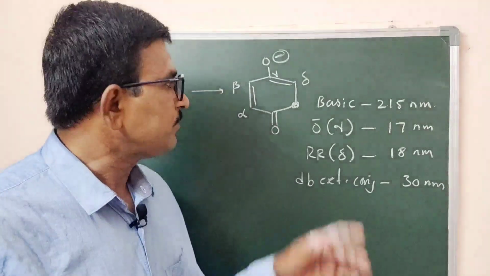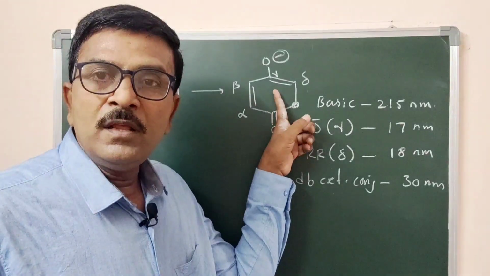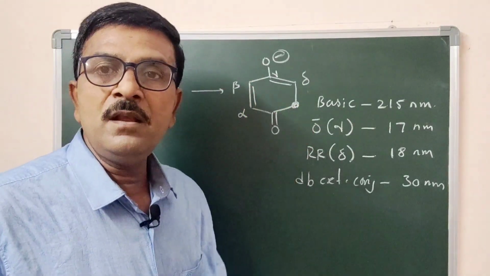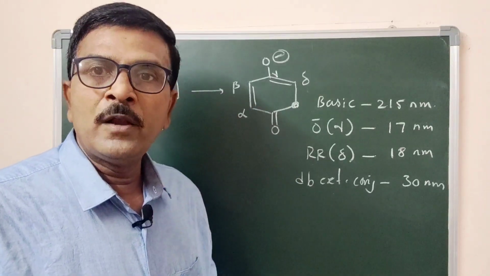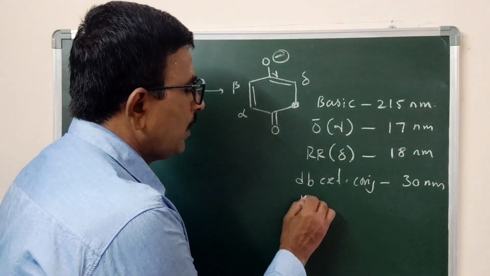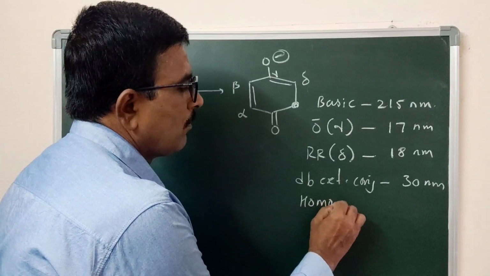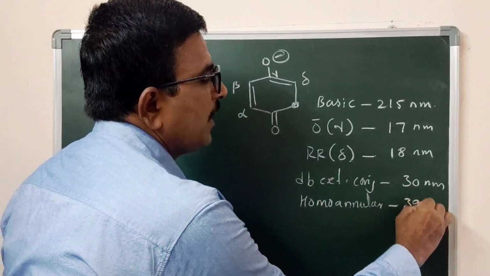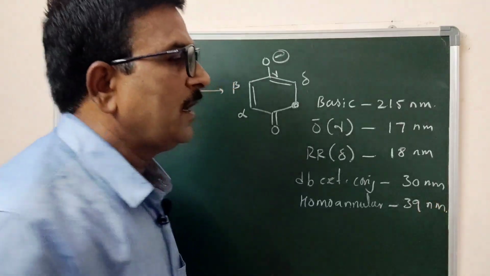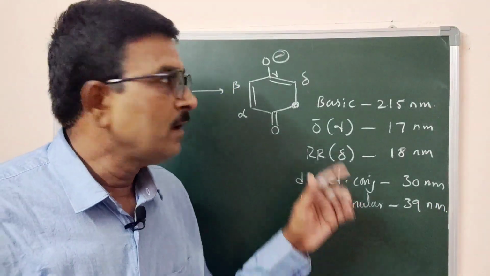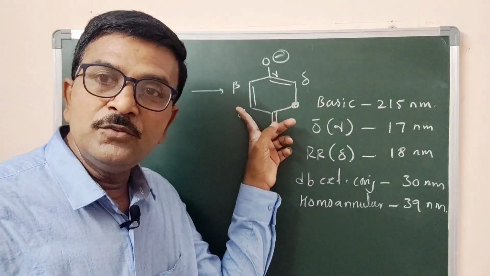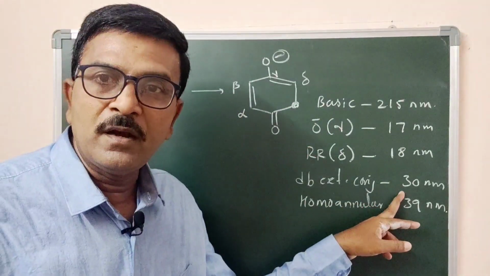Now further, the second double bond is homoannular to the first because the two double bonds exist in one ring. It is homoannular. This is about 39 nanometer. Is it clear? This double bond is extra and extending the conjugation, hence it is 30 nanometer.